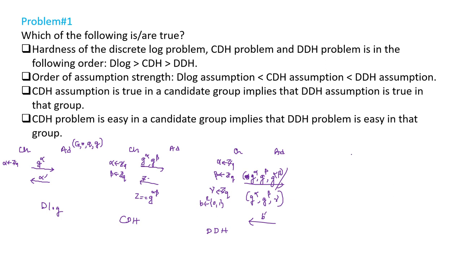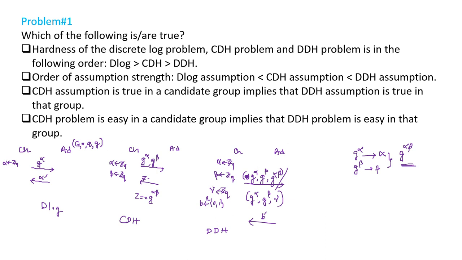Why? Because if by seeing g to the power alpha you can determine alpha, that is the discrete log problem, right? If the discrete log problem is solved, the adversary is able to compute alpha from g to the power alpha. Similarly, it can compute beta from g to the power beta. And if it is able to compute both of the values, then on its own it can compute g to the power alpha beta.